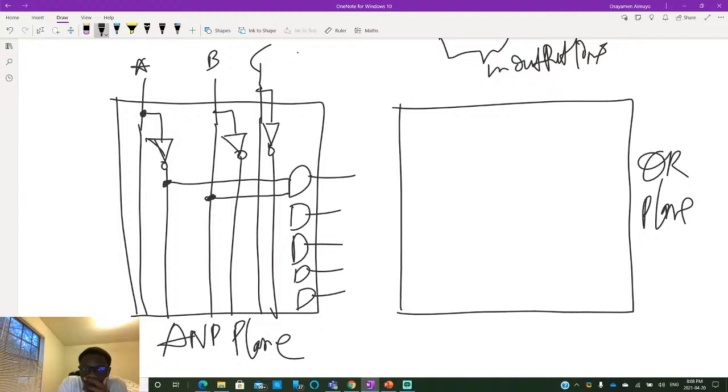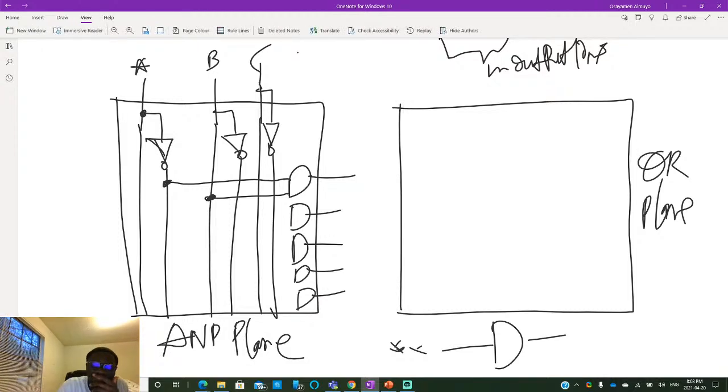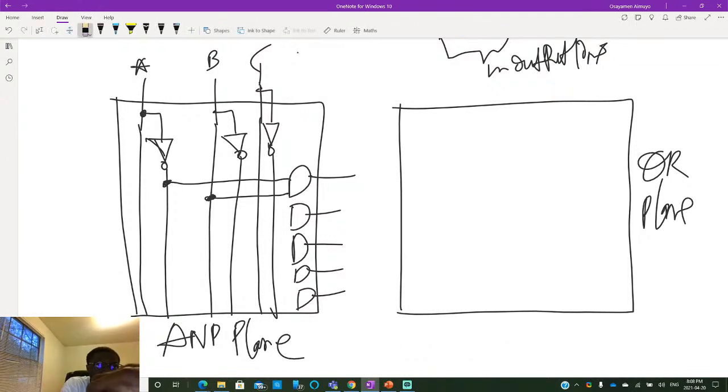When we consider PLAs where the AND gates can take in multiple inputs, we do not necessarily draw out the input lines. So it's usually of the form where you just have one line, with some X's representing the connections within the plane. Because drawing multiple lines gets unwieldy very fast.